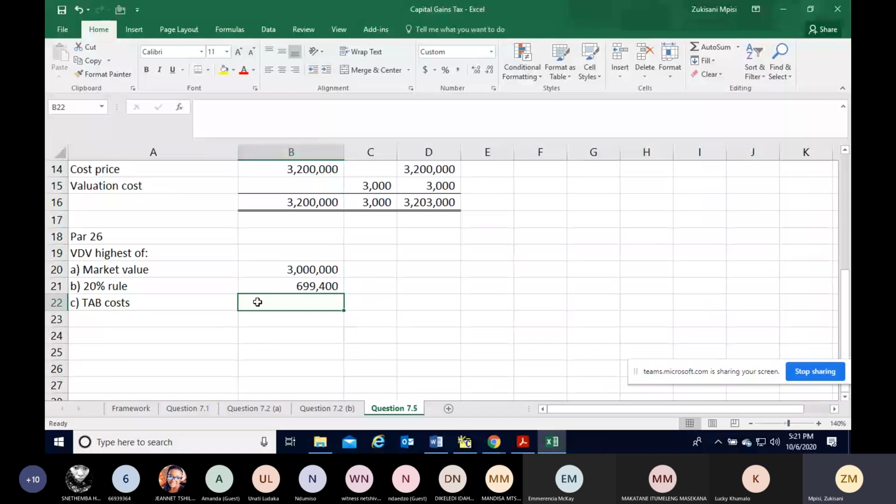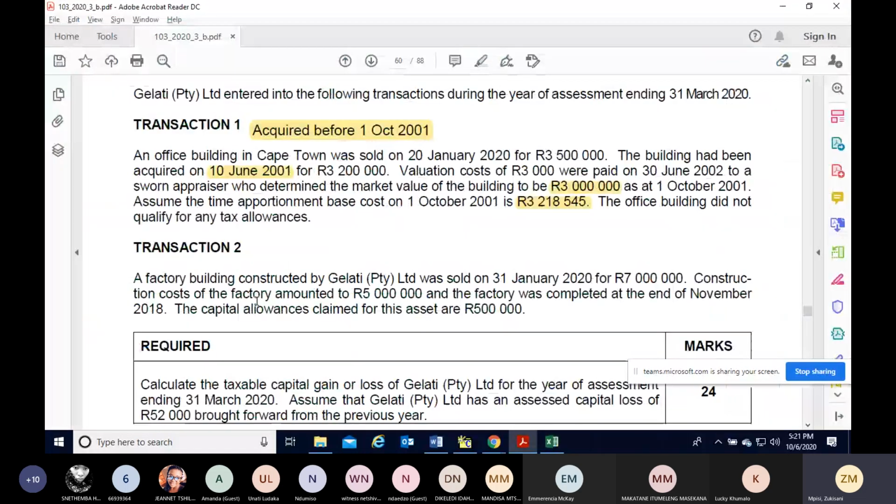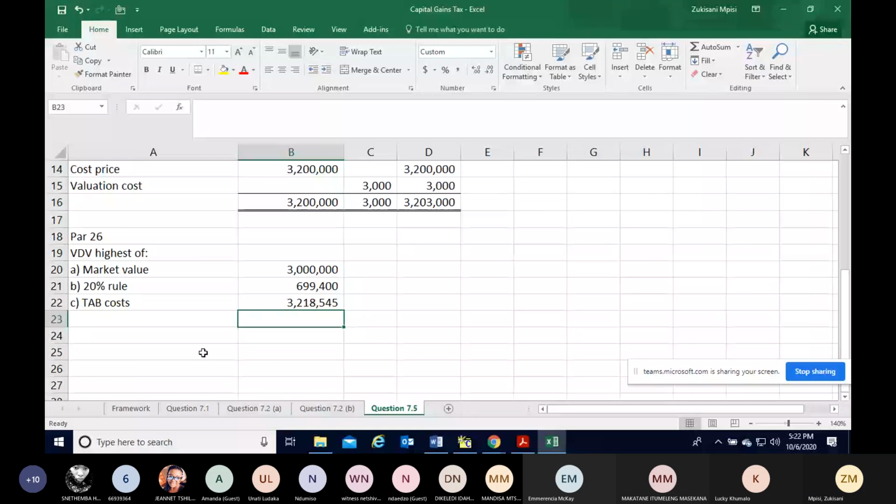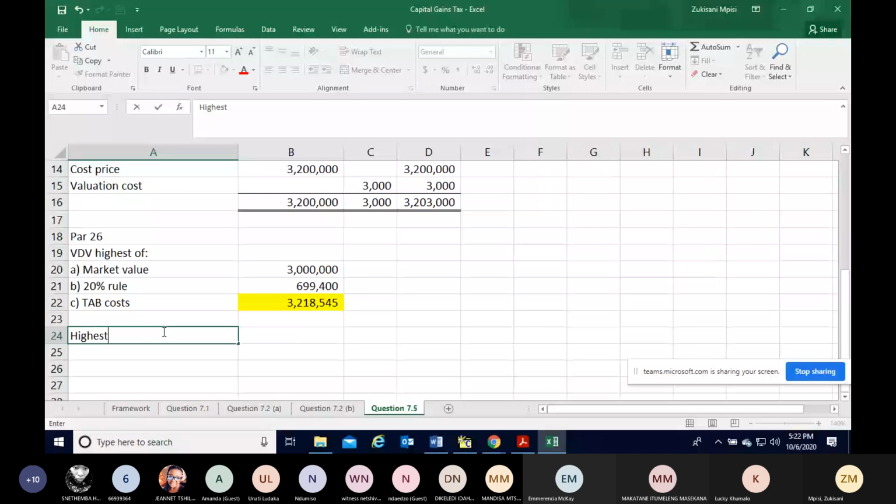Time apportioned base cost is 3,218,545. So what is the highest of these three? One can see that the highest in this case is your time apportioned base cost of 3,218,545.